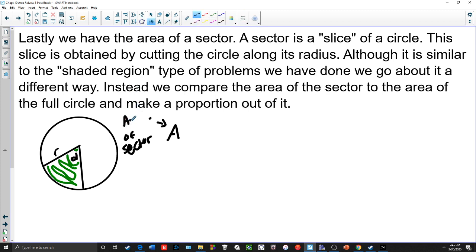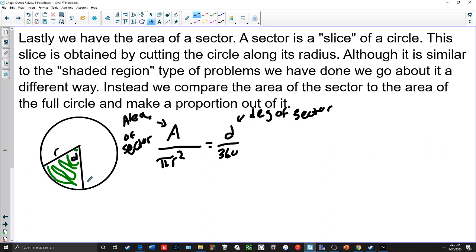Area over pi r squared, which is the area of the full circle, is equal to degrees over 360. So this is the degrees of angle, or I'll say of sector. So that's this little angle right here.